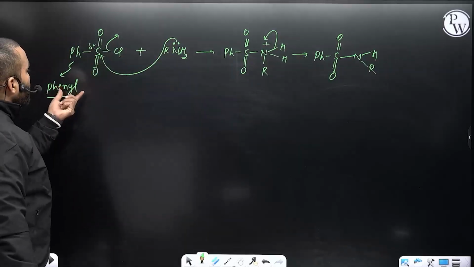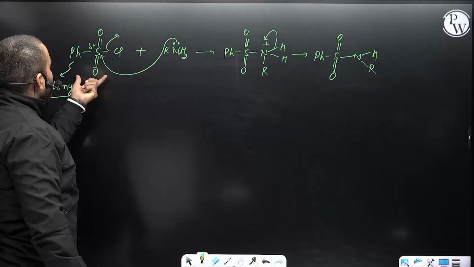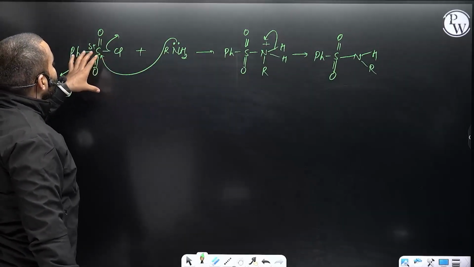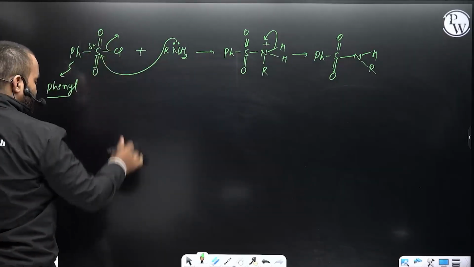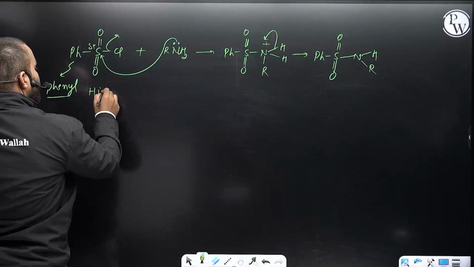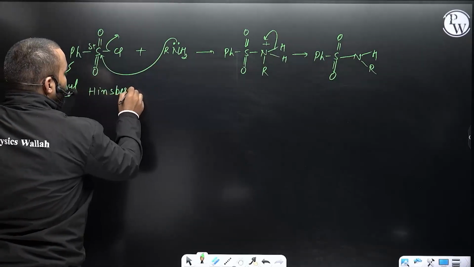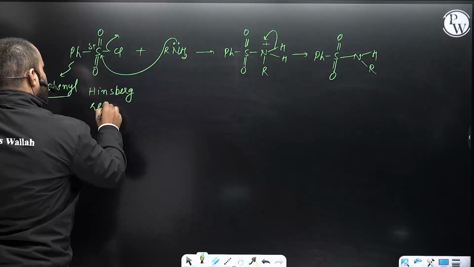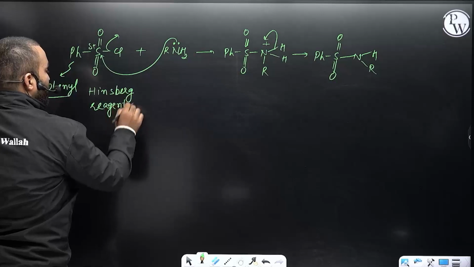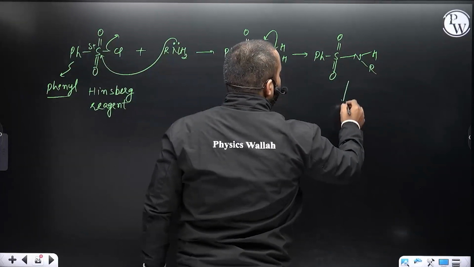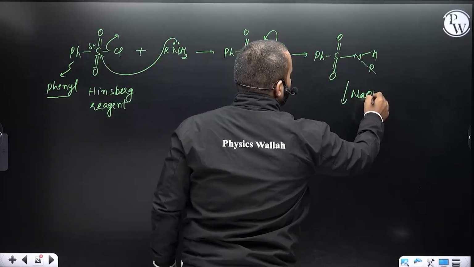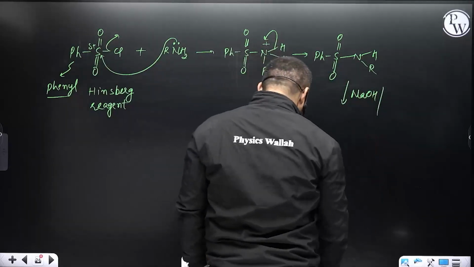Check out please. Starting from primary amine, reacting it with phenyl sulfonyl chloride, which is Ph S double bond O Cl, known as Hinsberg reagent. Now the compound obtained has an N-H bond.